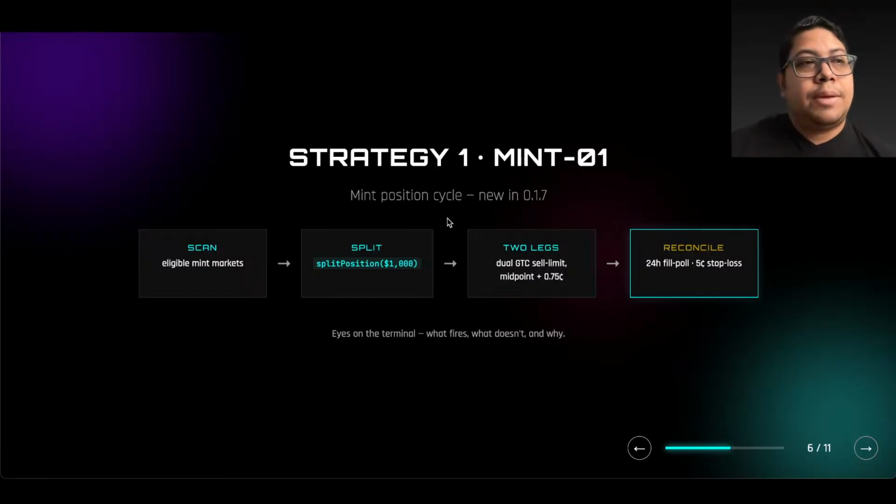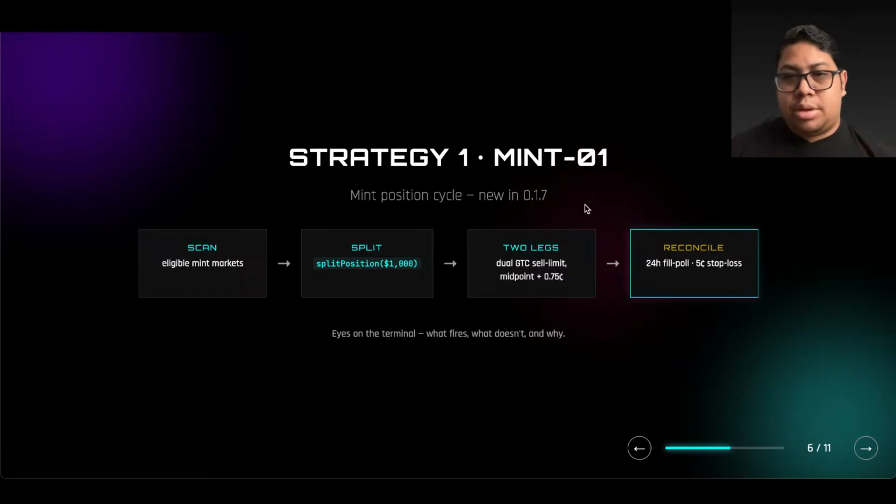So the amount that you place on the opportunity is the one that is going to be split into the two legs of, in this case, a binary option, right? Binary option for prediction markets. Let's say we have 1,000, but it can be your configuration amount, 50, $10, whatever. It is going to then be minted, and at that point in time, you have the two legs of the prediction.